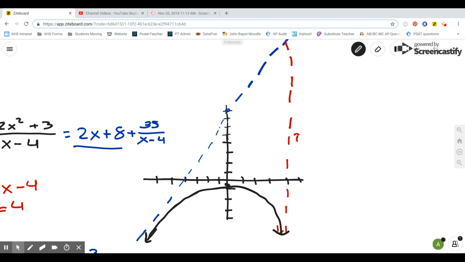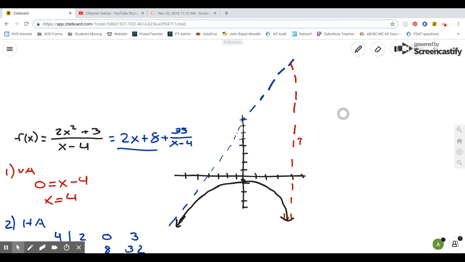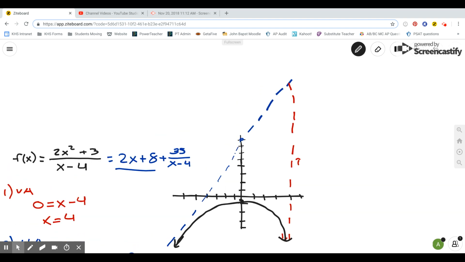So I'm going to scroll this out a little bit, and again extend my vertical asymptote up and extend my oblique asymptote out. I'm going to erase where I thought that arrow should go and put it where it now is going.